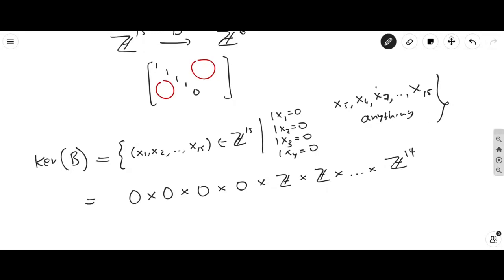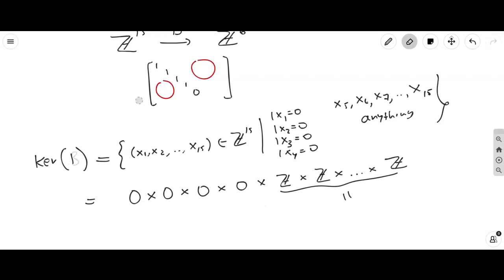You would have 14 copies. Not 14 copies. You would have 11 copies. I'm sorry, that makes no sense. You would just have 11 copies of Z, right? The first 4 coordinates are 0, and there are no conditions on the other ones. The remaining ones could be anything that you want.